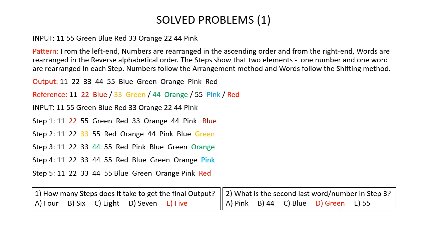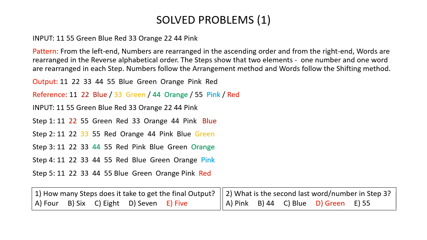Now let's find out the steps between the given input and the final output. So this is the input which consists of both words and numbers. Now we know that the first number, which is 11 in the reference, is already auto arranged in the input and is in the first position at the left end.